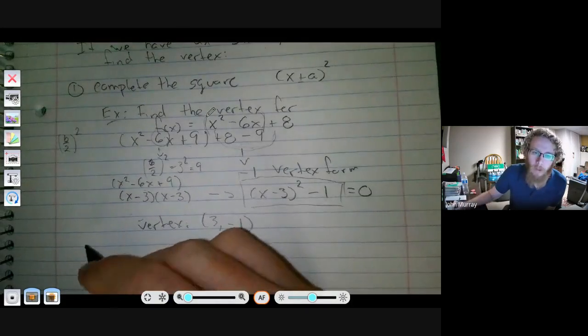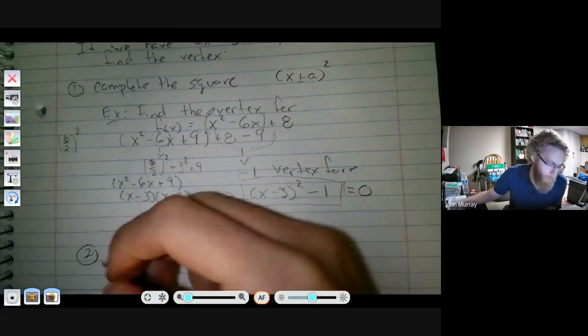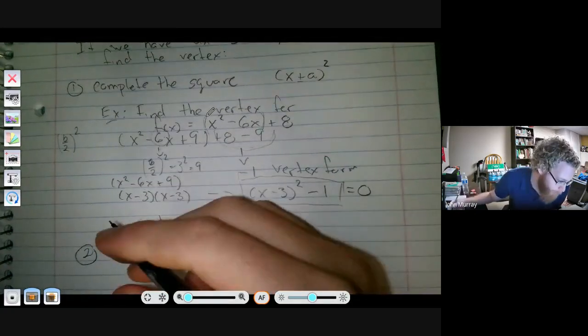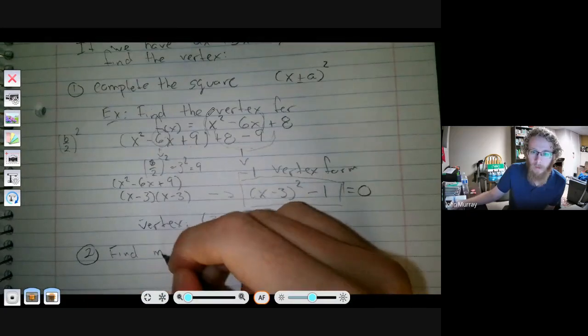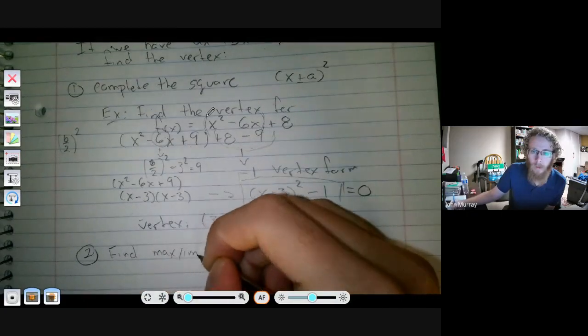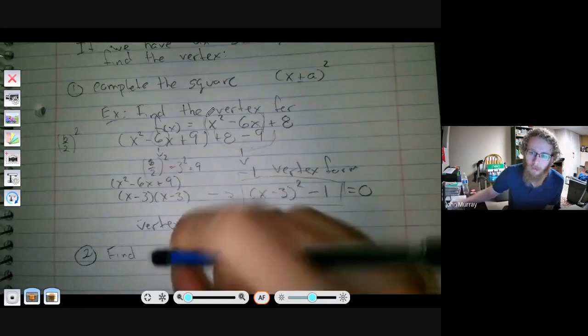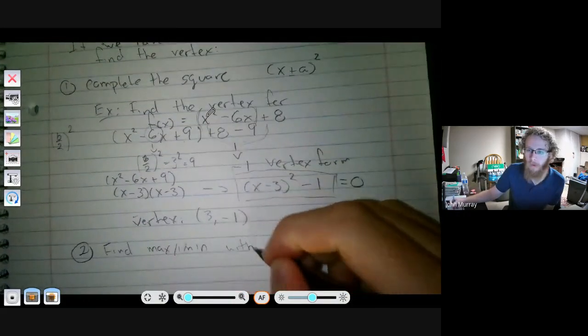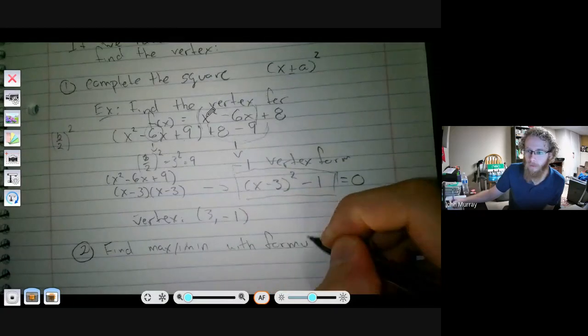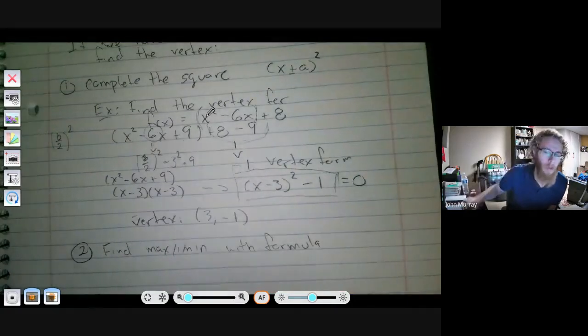Now the other way to do it is we have a formula to find the maximum and minimum.